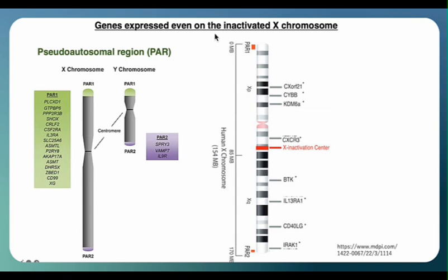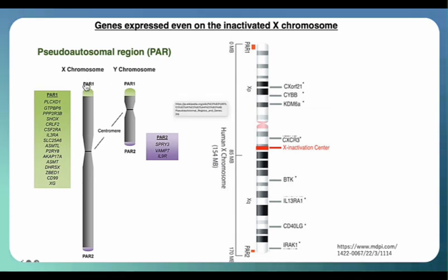Genes expressed on the inactivated X chromosome. The pseudo-autosomal regions, PAR1 and PAR2, are located at both ends of the X and Y sex chromosomes, and these regions are used for XY chromosome pairing during meiosis, as previously introduced.